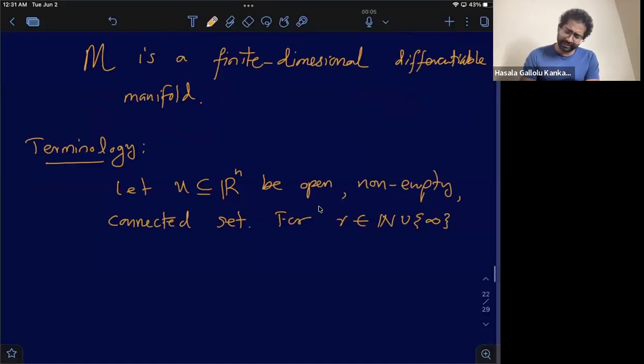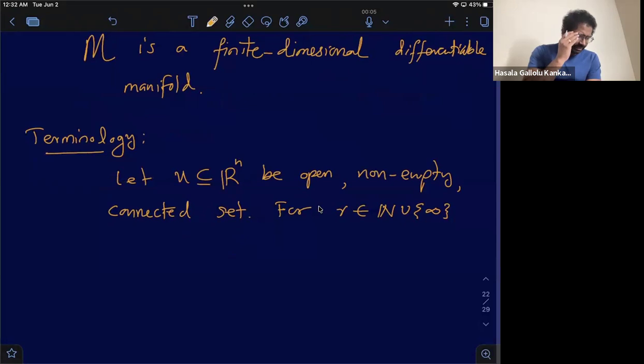So I'm going to define the class of differentiable functions, with a couple of symbols here, C^r(U). Usually with C we indicate continuous.